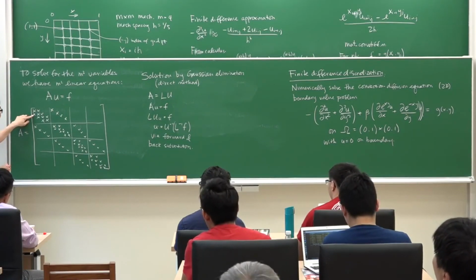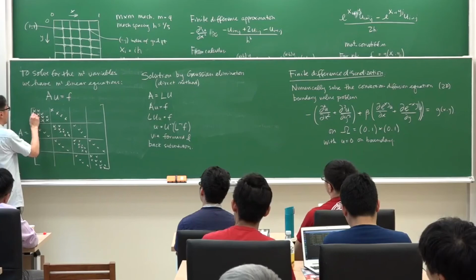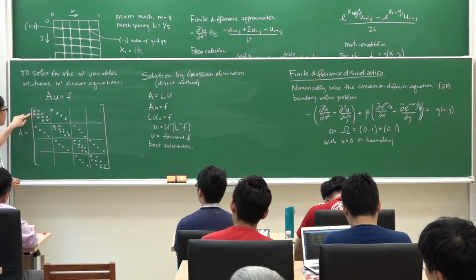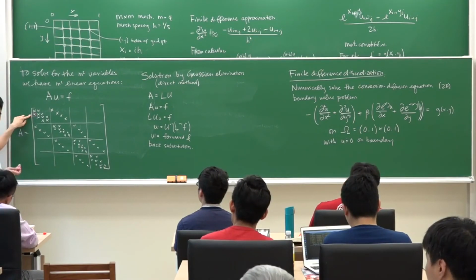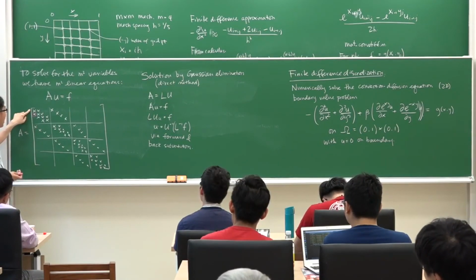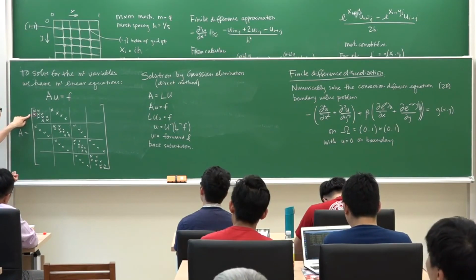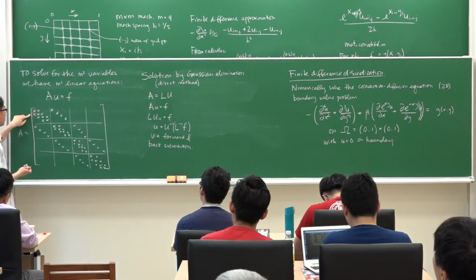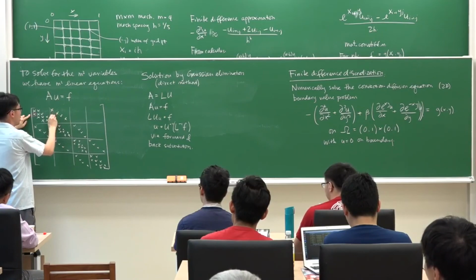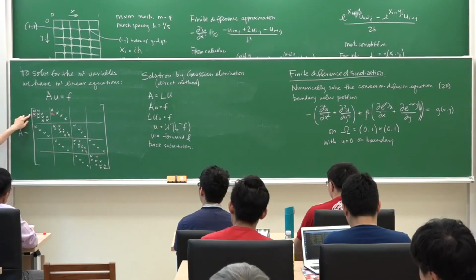First I'm going to eliminate this non-zero in the lower triangular part. To eliminate this, I multiply some factor of the first row and I add it to the second row. If I do this, you'll notice that this non-zero is going to create a non-zero in that location.